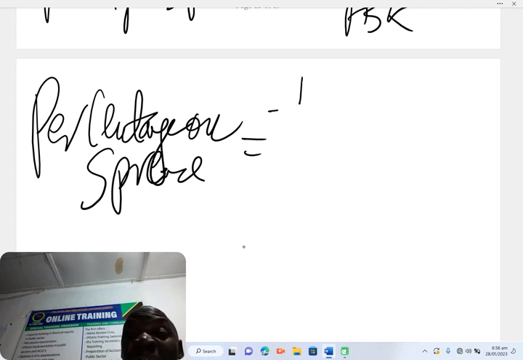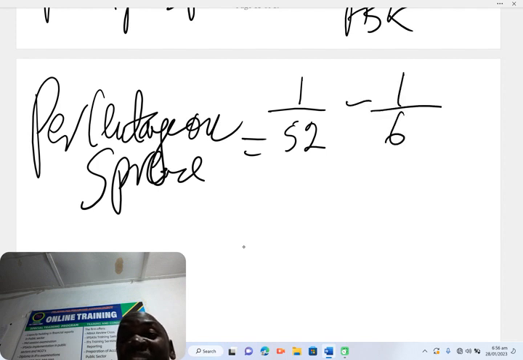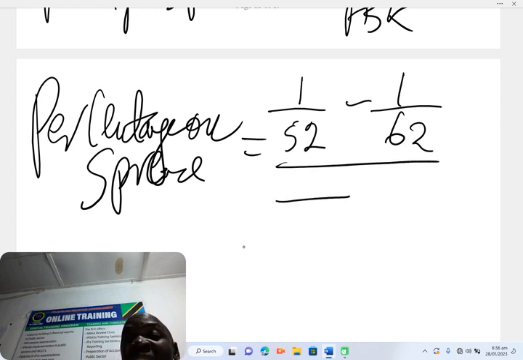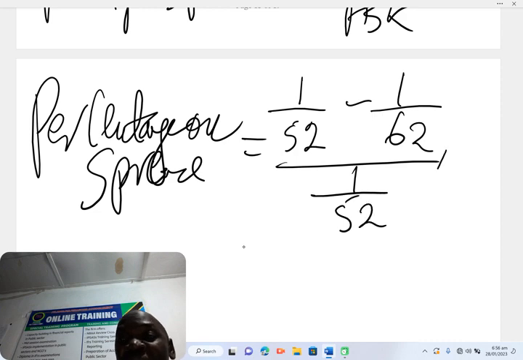It is 1 over 52. What's the bid? It is 1 over 62. So divide by ask, 1 over 52. So this is mathematics, standard 2. Then times 100.